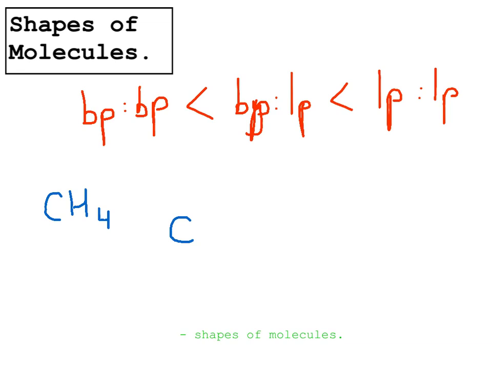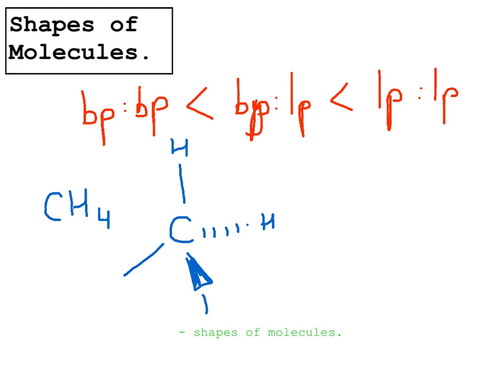All these bonding pairs of electrons repel each other, and that results in a tetrahedral structure where the hydrogen atoms point in the 4 corners of a tetrahedron, and this is due to equal repulsion between each bond.